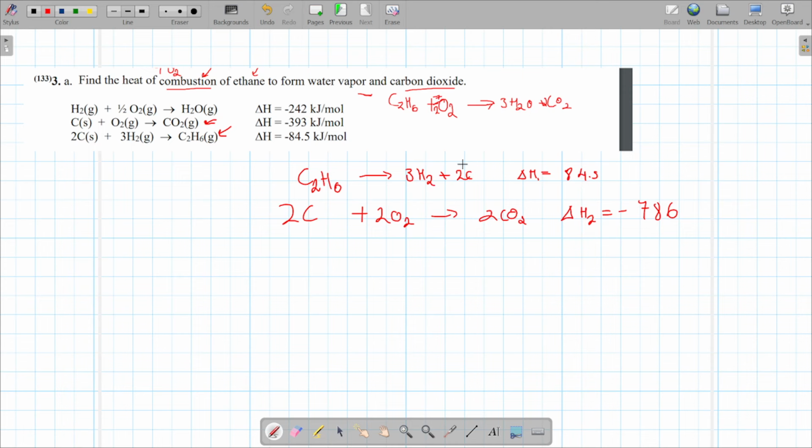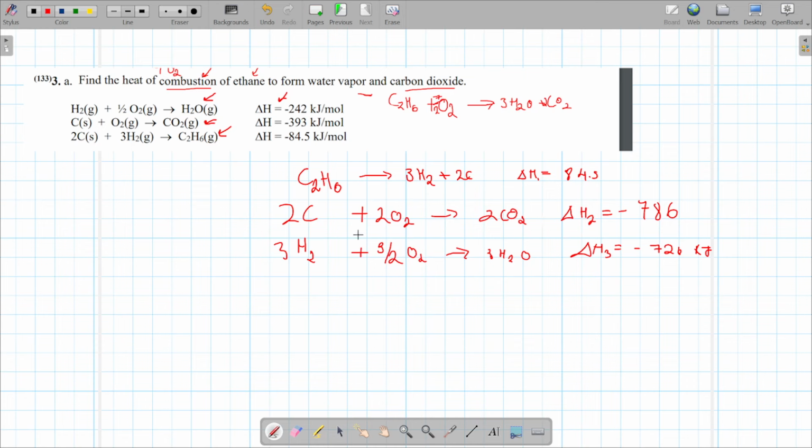Now we want water on our product side. It's on our product side here, but we want 3 of it, so we multiply this one by 3: 3H2 plus 3 over 2 O2 to produce 3H2O. Since we multiplied by 3, delta H3 is minus 726 kilojoules.